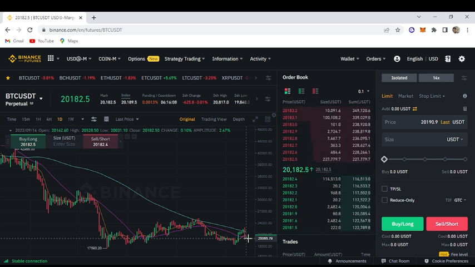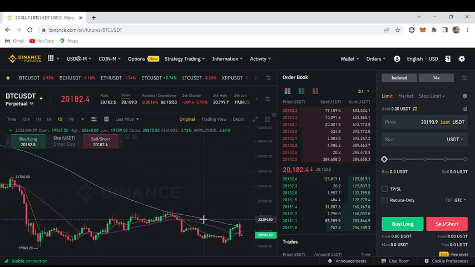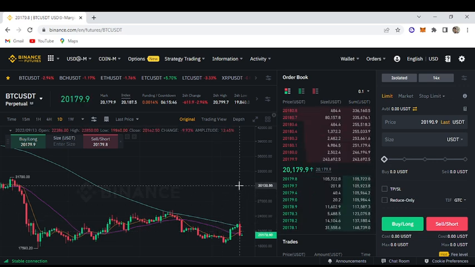If you bet $10 or $100 and it goes down 1%, you lose all your money. And of course, if you make 1% profit, you double your money.